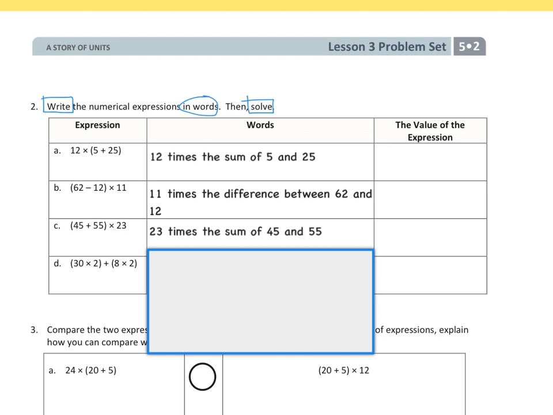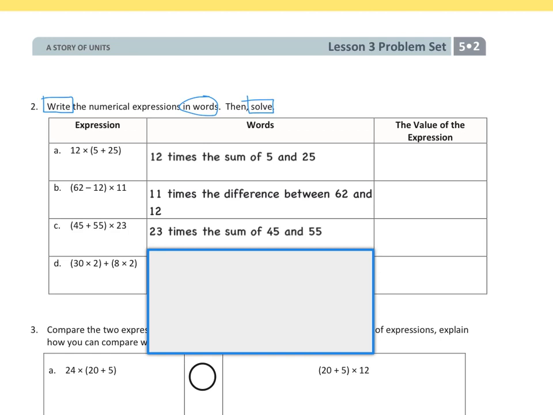The last one right here, we have 30 times 2 plus 8 times 2. So it's kind of similar to the 3 16s and the 2 9s. Think of it as we have 30 2's, and then we're going to add 8 2's to find our final answer.